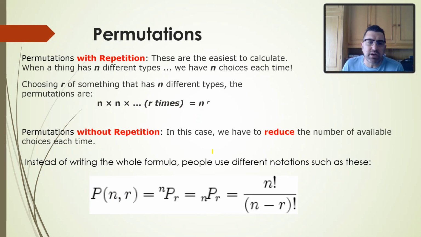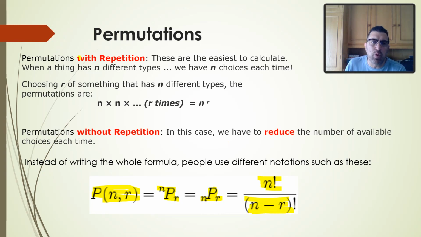So here we go, and this is what I've been showing you all the time. PNR can be written in 3 ways. An N at the top, a P, and then an R, or an N and an R either side and the bottom of P, but either way means it's N factorial over N minus R factorial.